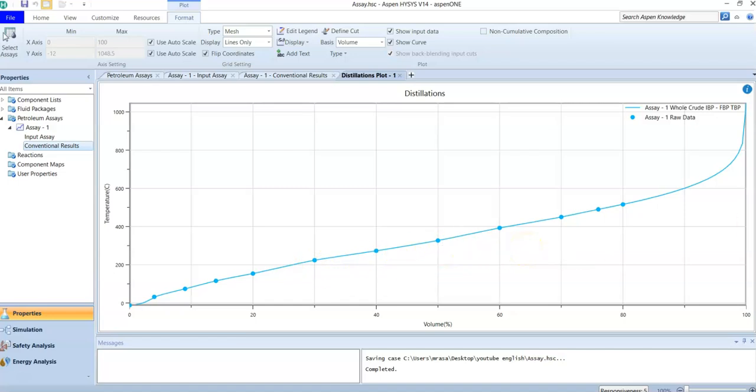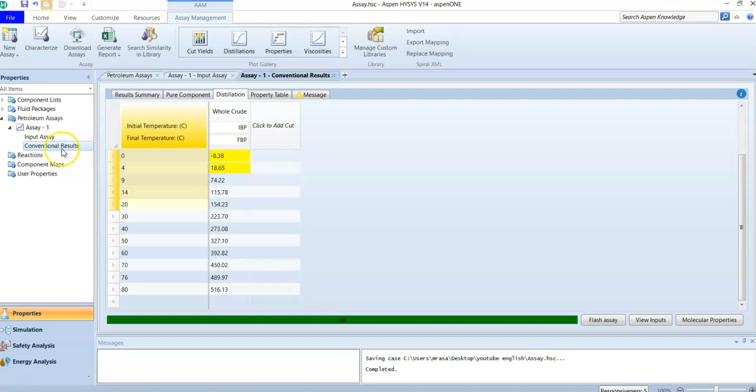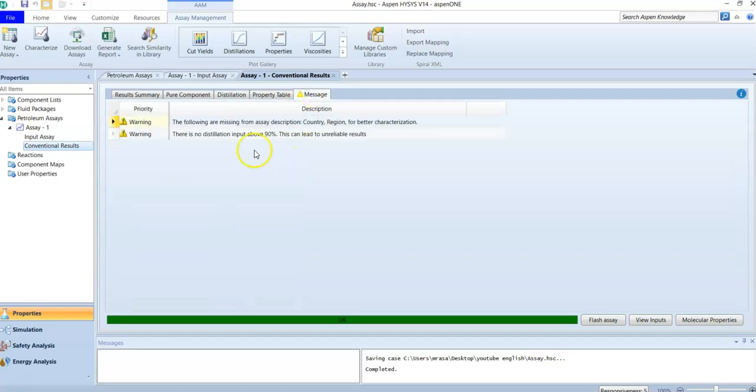From these physical properties, okay. So after finishing this section, we have done the assay data input, and also we have the conventional results printed over here. Sometimes we have a message available over here, a type of warning, like some missing information, or that there is no input above 90%.